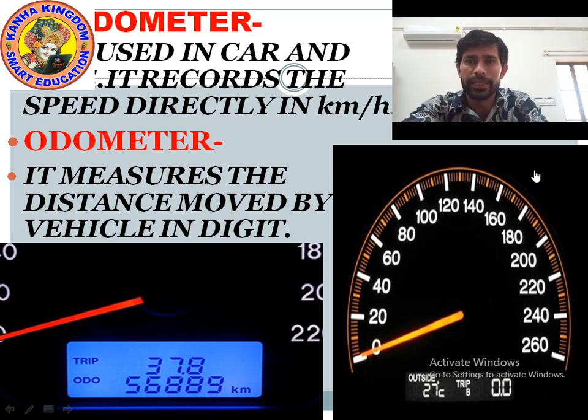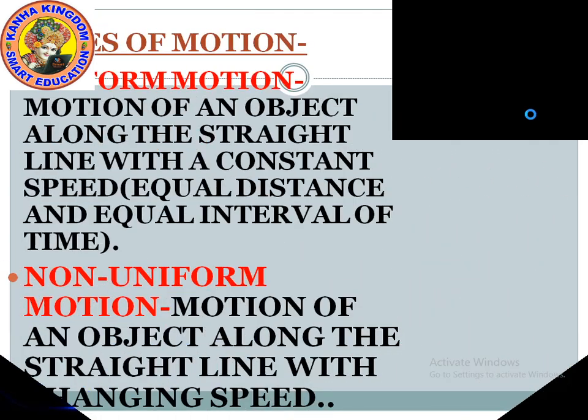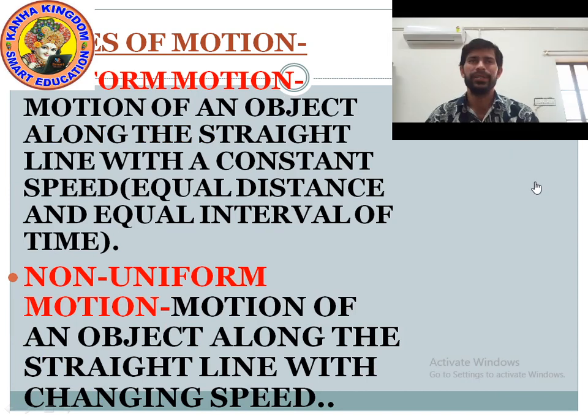Now let's move on to the next point. So my friends, last time we studied different kinds of motion like periodic motion, circulatory motion, oscillatory motion. Now today we will study two different kinds of motion: first is uniform motion, second is non-uniform motion.